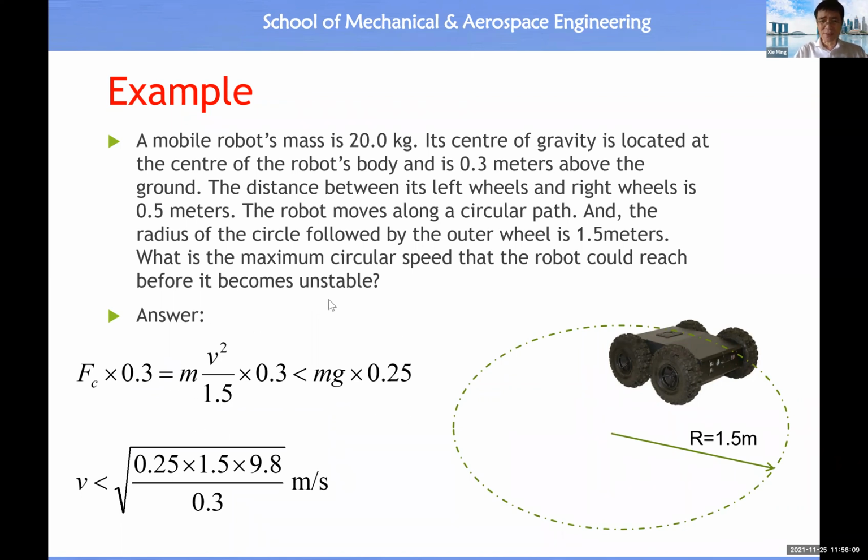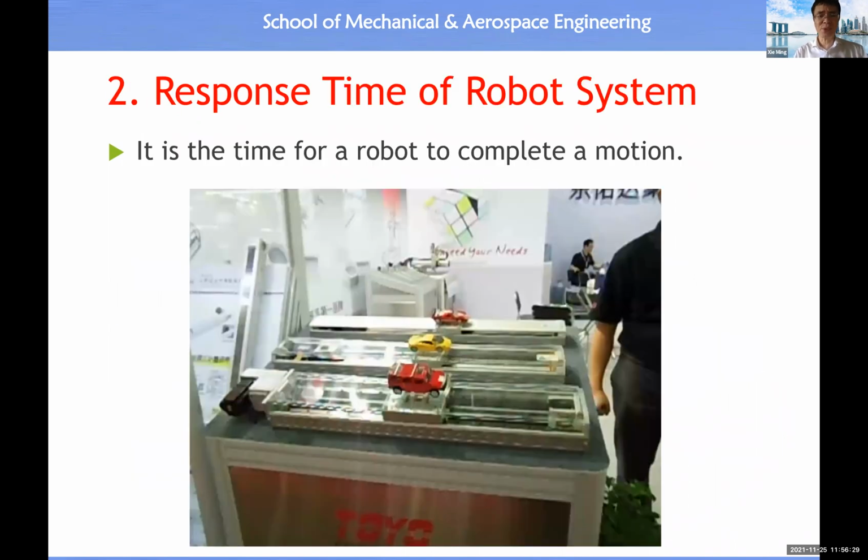So this condition must be fulfilled in order to keep the stability of this mobile base. You cancel the m, then you know that the circular velocity should not exceed this value. Otherwise, this mobile base will lose stability. So this is just for you to know.